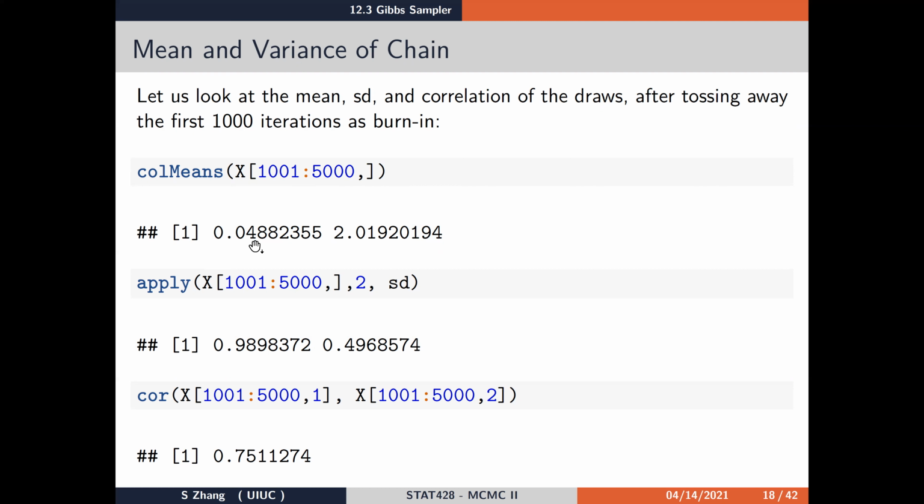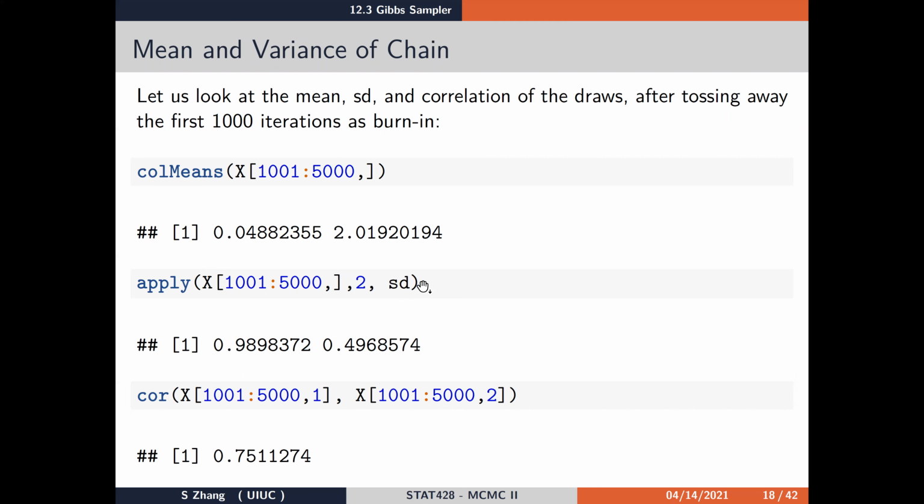We can see that the mean that we get for our draws for x1 is quite close to the theoretical mean of 0. And the mean for the second dimension is close to 2, which is the target distribution we like. We can also look at whether the standard deviation is close to the theoretical values we want.